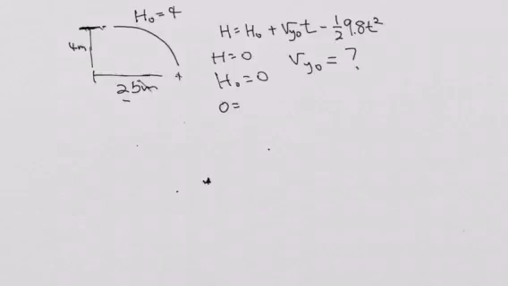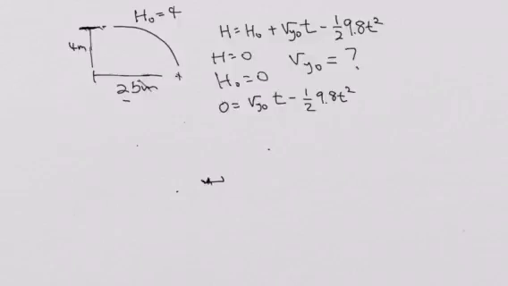Actually, the way I'm writing this right now, I'm confused because there are two things we don't know. What I'm writing down is v sub y 0, the speed that he's throwing it at, times t, minus 1/2 times 9.8 t squared equals 0.